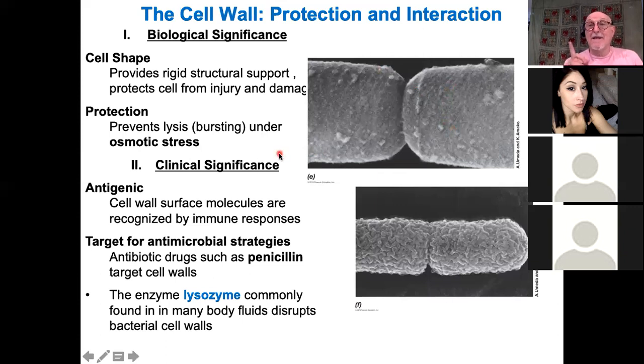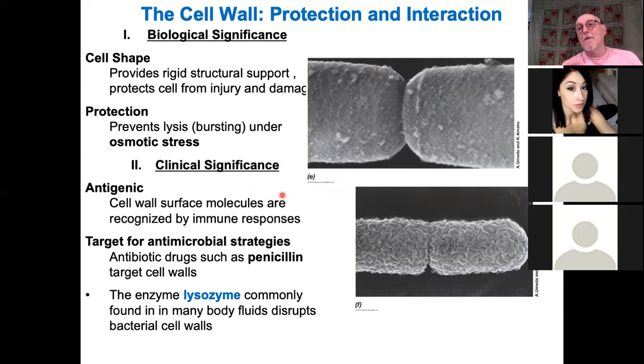So this has some clinical significance for us. The cell wall, in actual fact, does have some pathogenic quality to it, because our immune system reacts quite strongly against some of the components of the cell wall.